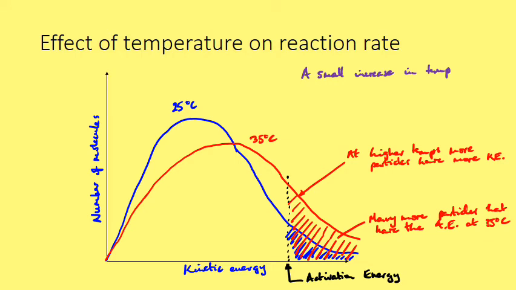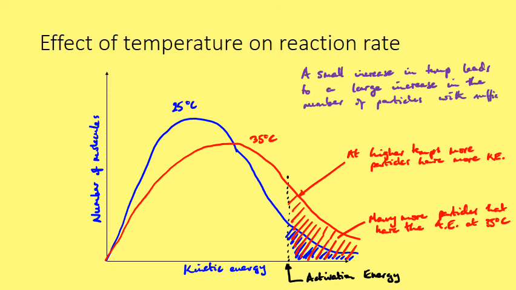So we say that a small increase in temperature leads to a large increase in the number of particles with sufficient energy to react. And what follows on from that, of course, is that if there are many more particles with sufficient energy to react, that small increase in temperature leads to a large increase in reaction rate.